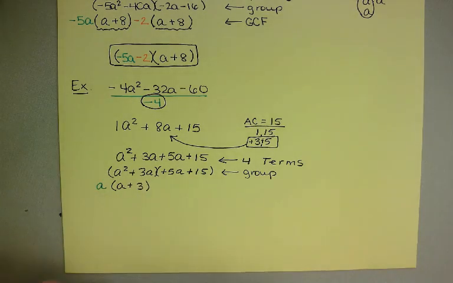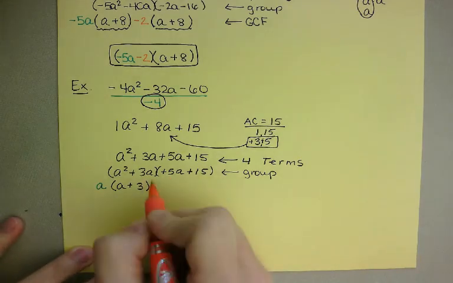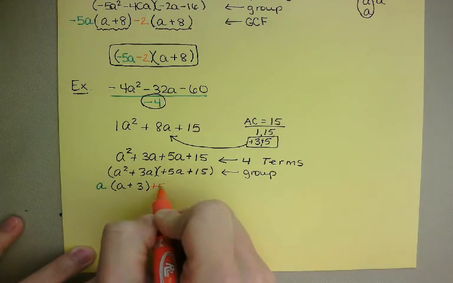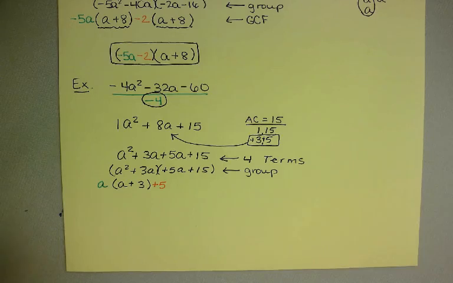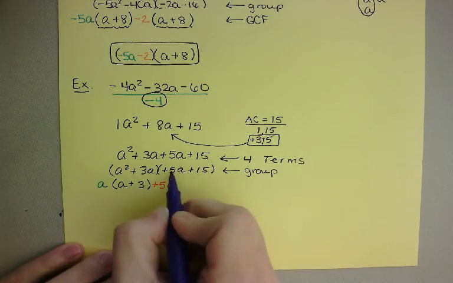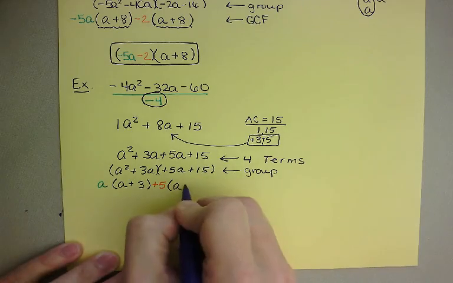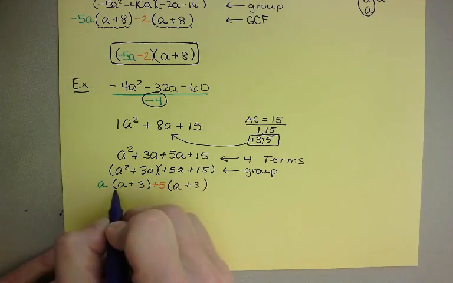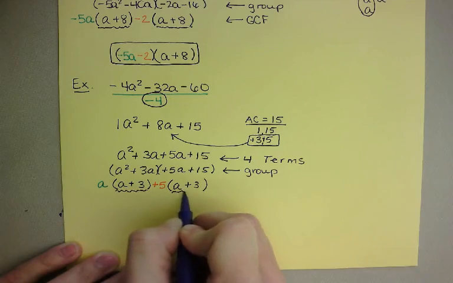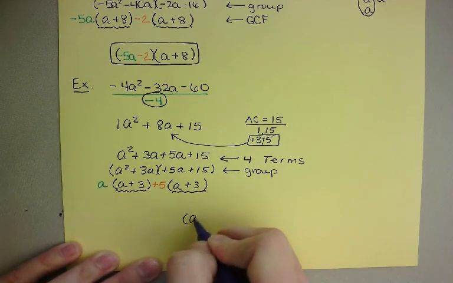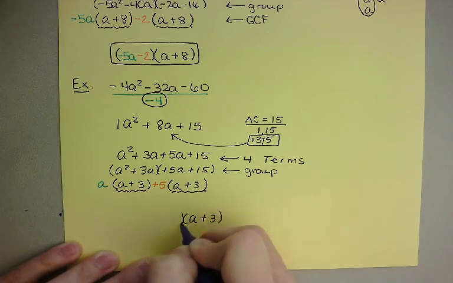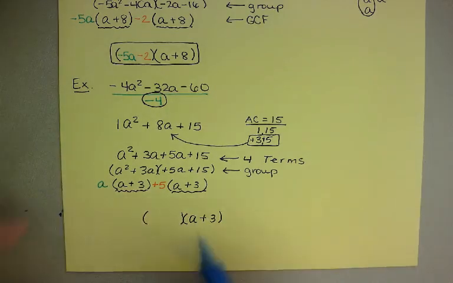Looking at my second group, 5a and 15, both are divisible by a 5. So 5a divided by 5 leaves me with a, and 15 divided by 5 leaves me with 3. Again, these match up, so that's my like term. My other answer is the a plus 5.